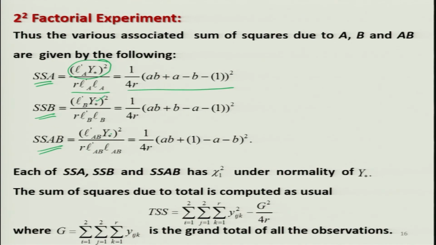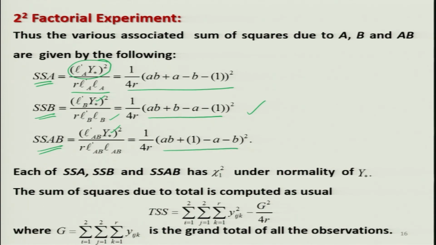Just try to consider the contrast corresponding to the main effect of B and the interaction effect of AB, and then write down their squares divided by r into the vector L transpose into the vector L. So now you have obtained the sum of squares due to B as 1 upon 4r (AB plus B minus A minus 1) whole square, and 1 upon 4r (AB plus 1 minus A minus B) whole square.